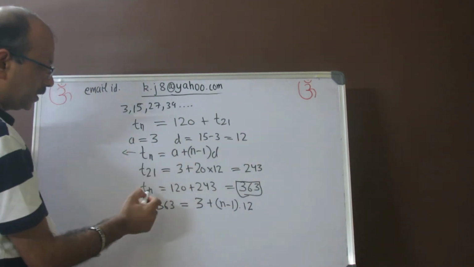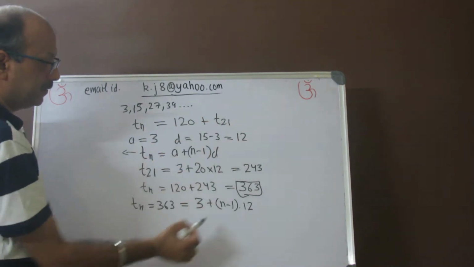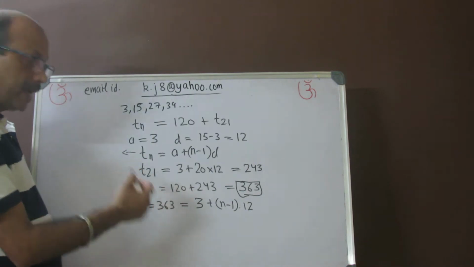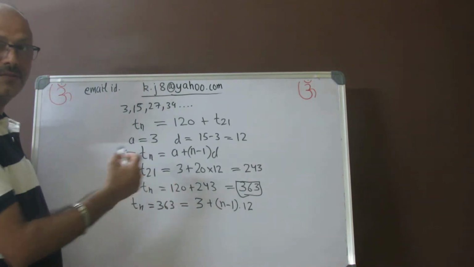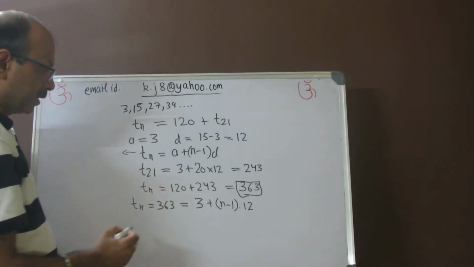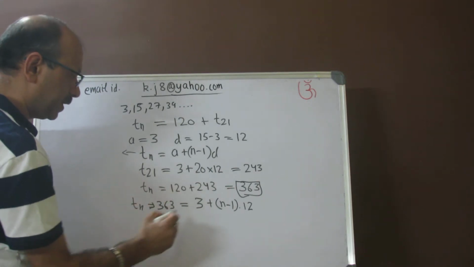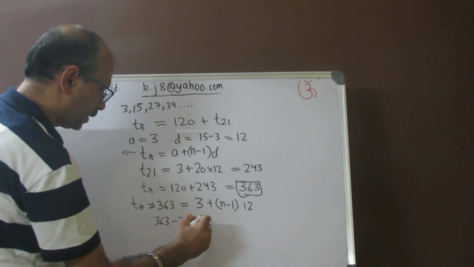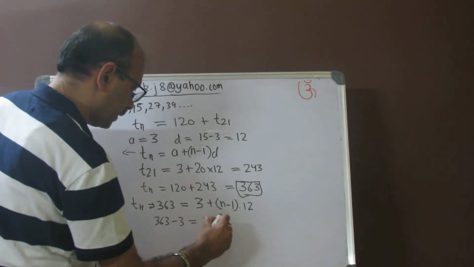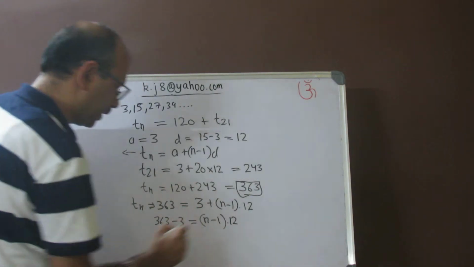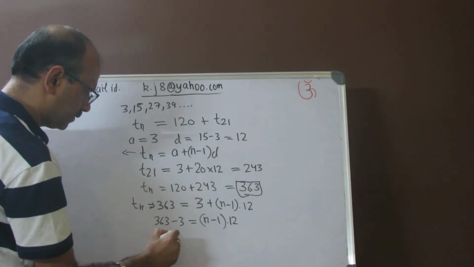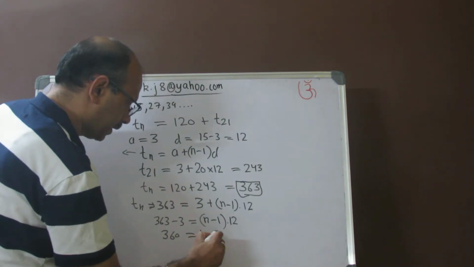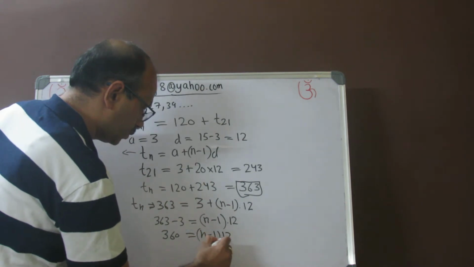So first we figured out 120 plus T21, which is 363. Now we are finding the number of the term which will give this number. So let us now solve it. 363 minus 3 equals n minus 1 into 12, which gives you 360 equals n minus 1 into 12.